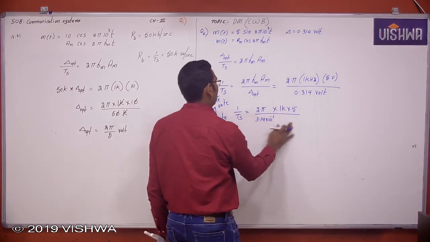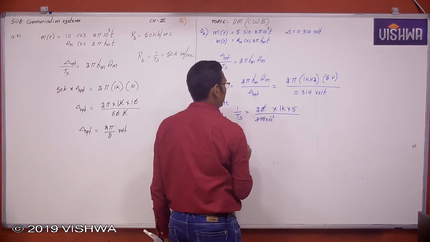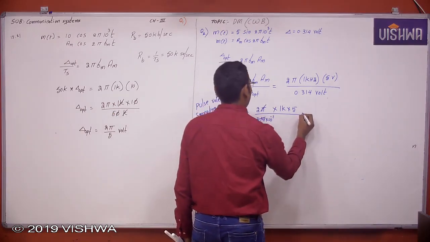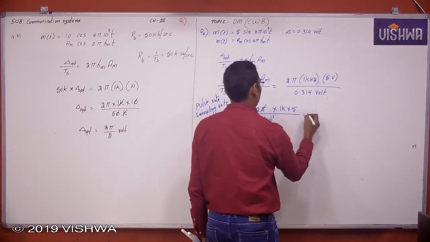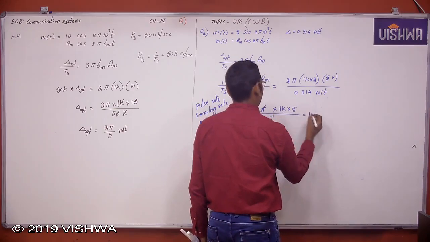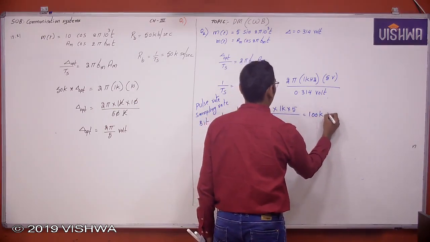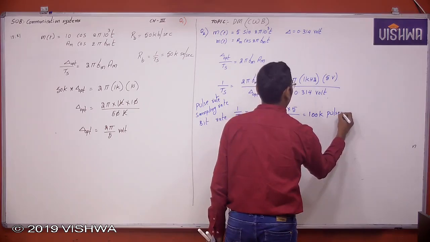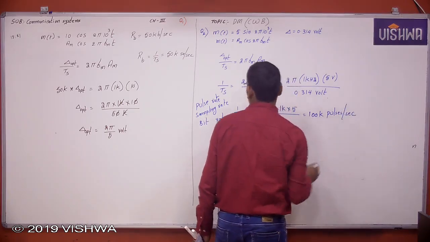Now this 3.14 is cancelled, which is equal to 5 into 10 into 10, that is 100 kilo pulses per second, which is the pulse rate.